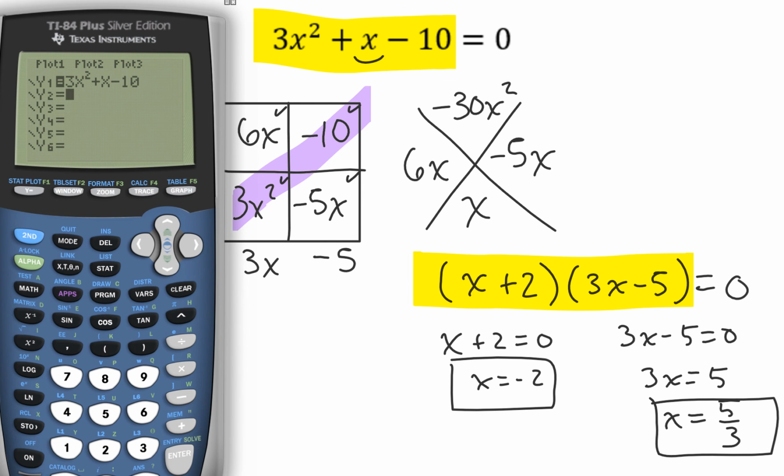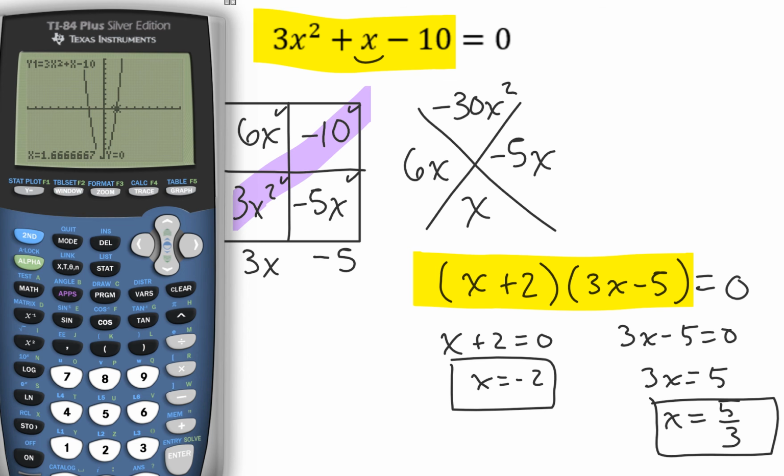And now I can go ahead and graph that function. There it is. And I can hit trace and I can enter a negative 2. And when I enter a negative 2, it tells me y is 0. Hooray. And I'm also going to enter, in parentheses, 5 divided by 3. And when I enter 5/3, it tells me y is 0 also.